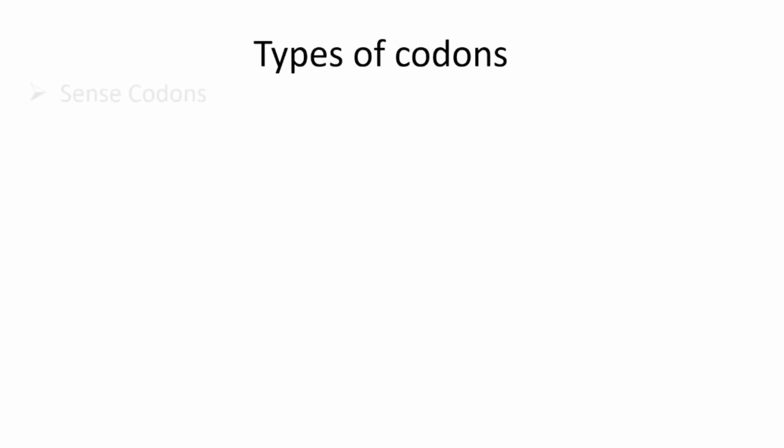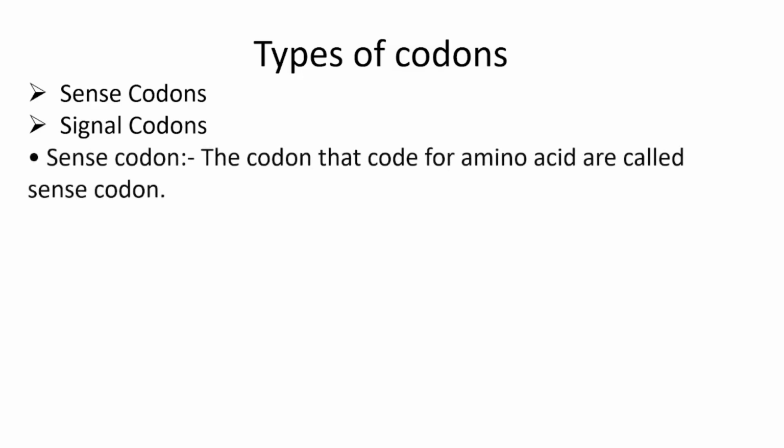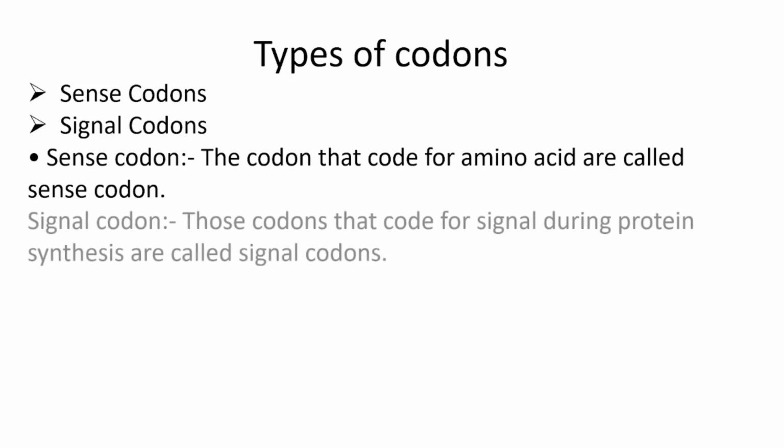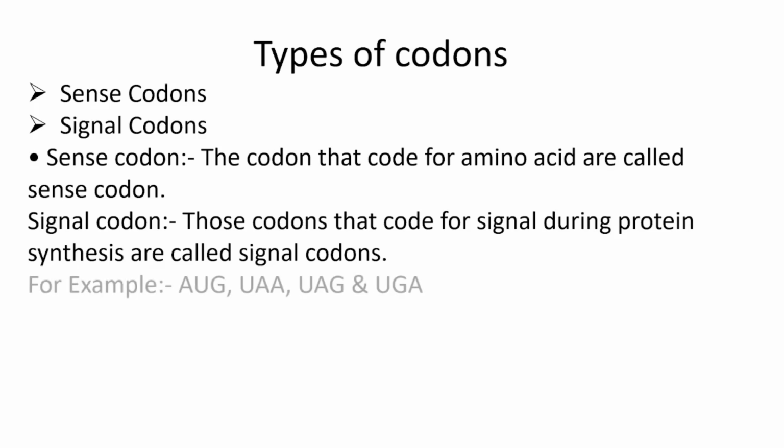Codons are generally classified into sense codons and signal codons. Let us see what a sense codon is. It is the codon that codes for an amino acid and therefore it is called the sense codon. Whereas the signal codons are those that code for certain signals which are required during protein synthesis, for example, AUG, UAA, UAG and UGA.